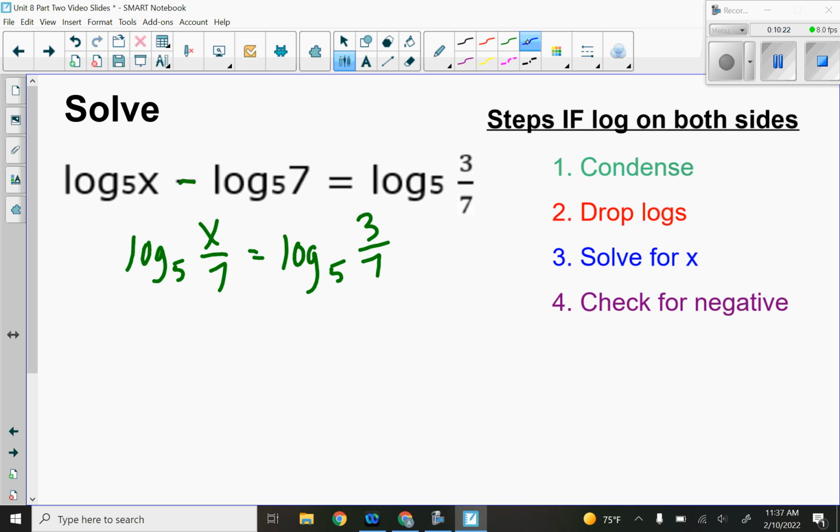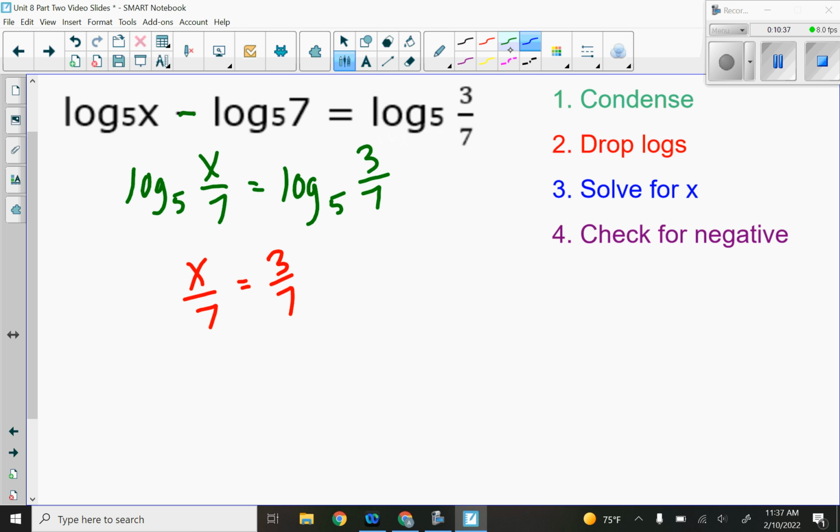Now that we have the same base and those are condensed, we can drop those logs. So x over 7 equals 3/7, and we can solve for x. In a problem like this, we could cross multiply. So 7x equals 21, divide by 7, x equals 3.